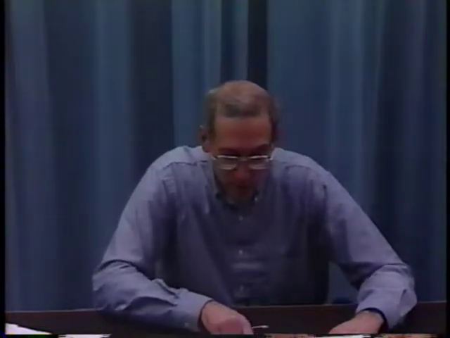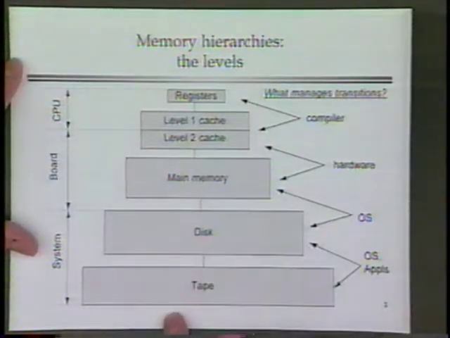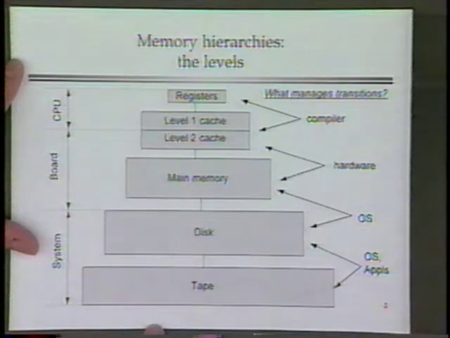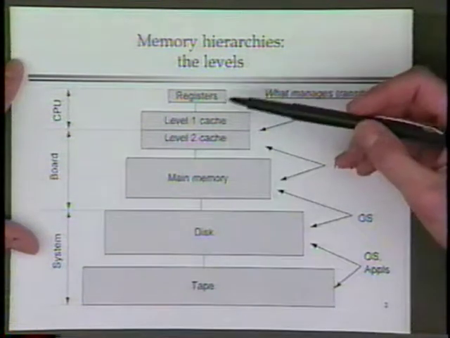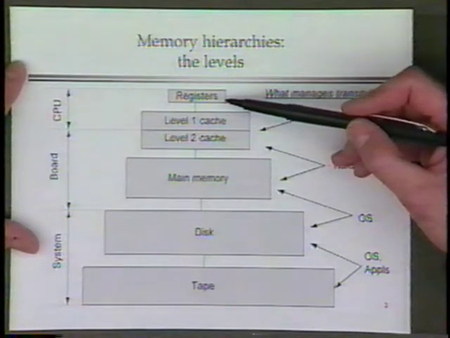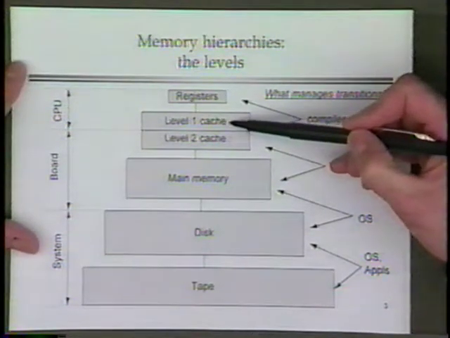Okay, here's a depiction of the levels in the hierarchy. We're talking mostly about caches, but you can consider in any of the stages in this hierarchy that each level is a cache for the level before it. Starting with the top, registers are a form of cache that caches information in very high-speed memory that otherwise would appear in the level 1 cache.